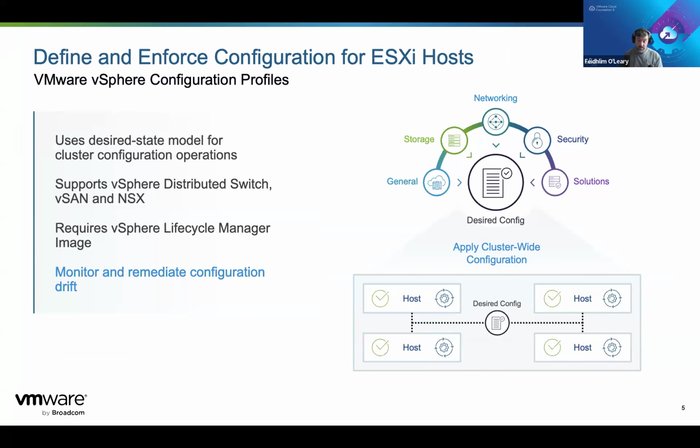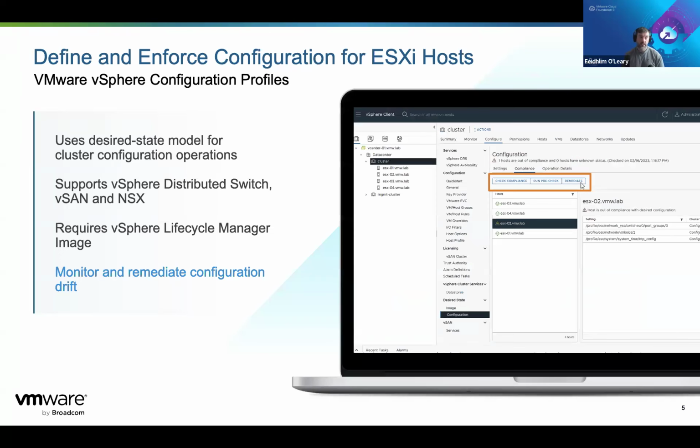So again, similar to host profiles, if a host or multiple hosts are out of compliance with the desired state configuration, we can remediate those hosts or that cluster back into a desired state. We support distributed switches, secure boot, vSAN, NSX. There shouldn't be any adoption blockers now in VCF 9 to take advantage of vSphere configuration profiles.